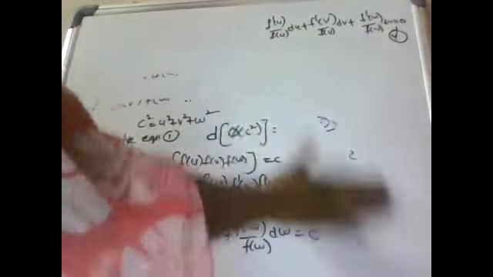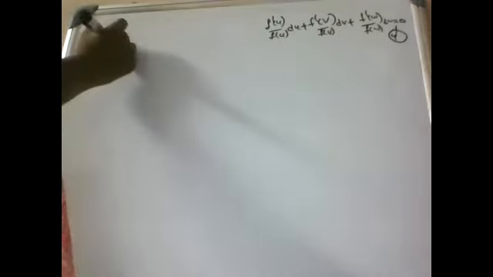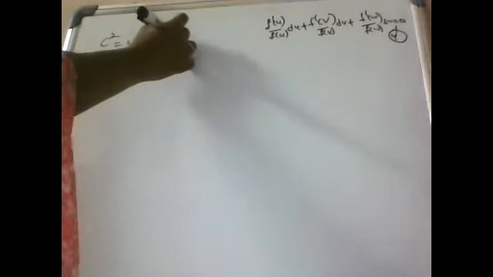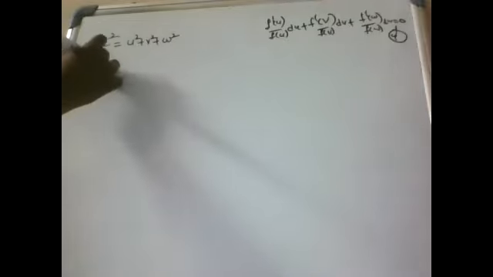Next, here we have another condition: c² equals u² + v² + w². From this condition, differentiate this equation also.